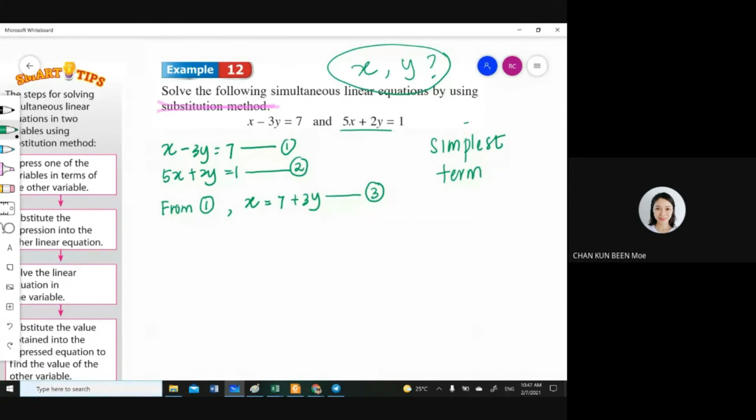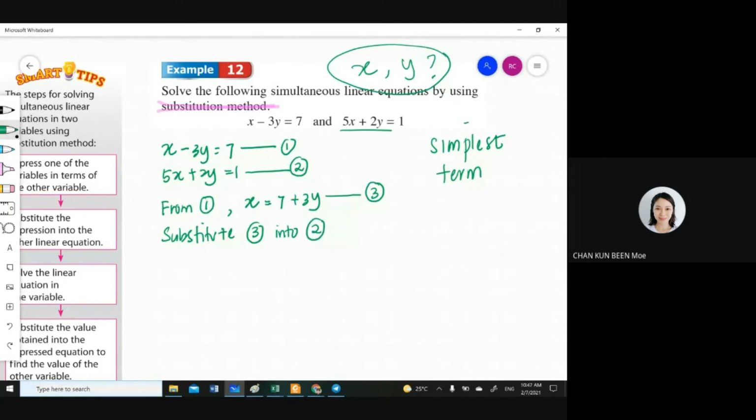So I'm going to write down the word substitute. And you have to remember, substitute. I'm going to substitute 3 into 2.